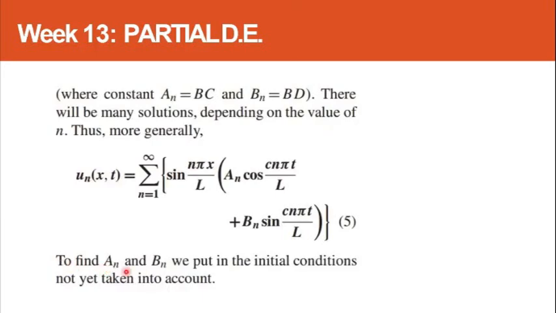To find a_n and b_n, we put in the initial conditions. The initial conditions are not yet taken into account. So, equations 1 to 5 we will use later.